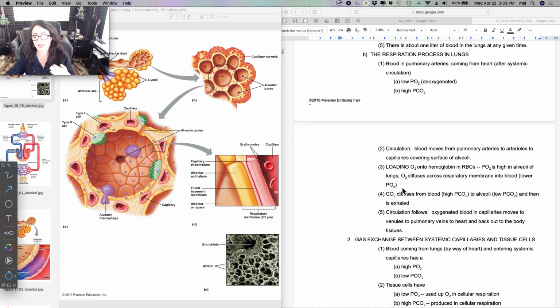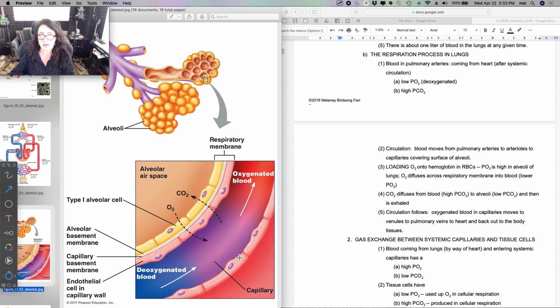And then carbon dioxide is going to do the opposite of what we just said. Carbon dioxide is going to diffuse from the blood as it came back from the pulmonary arteries, ultimately to the lungs. It was relatively high in carbon dioxide. It is going to diffuse into the alveoli, and then you can breathe it out. Of course, circulation is going to follow.